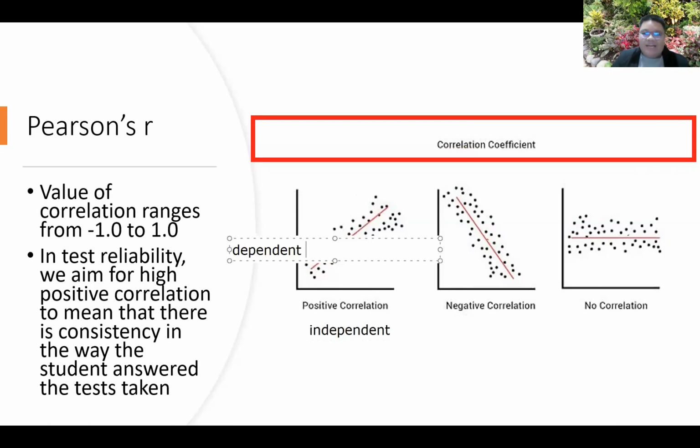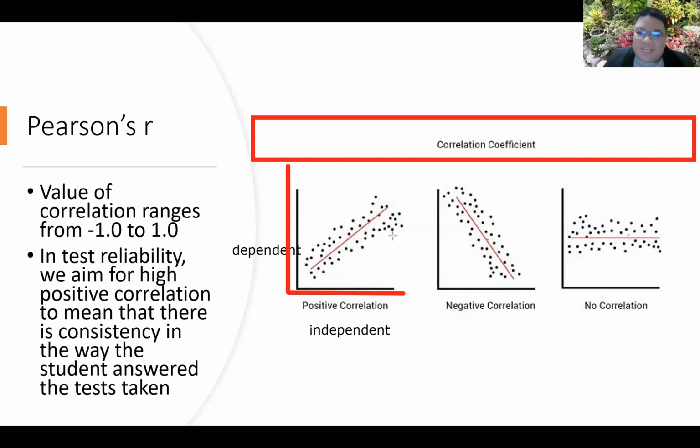Kindly try to recall which is the x-axis and which is the y-axis. The horizontal line, class, is referred to as your x-axis. The vertical line here is referred to as your y-axis.